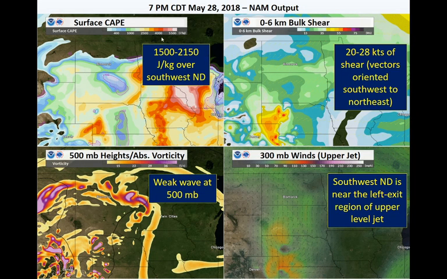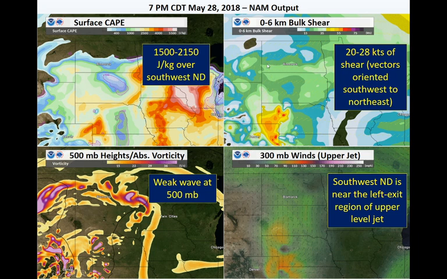And if you're looking at the environment from the standpoint of the NAM output on this day, drawing our attention over here to southwestern North Dakota, you'll see that we had modest CAPE on this day. Surface CAPE values were generally around 1,500 to a little over 2,000 joules per kilogram, which is decent, but you'll notice over here our shear was rather weak.